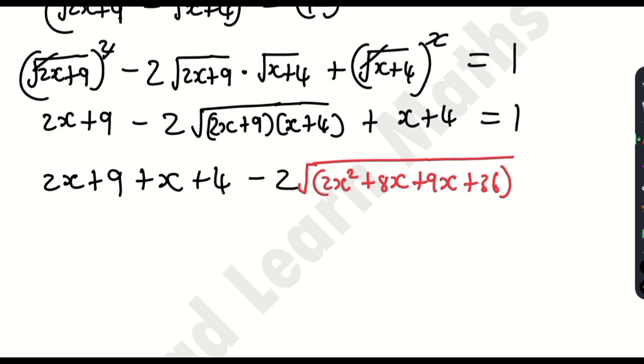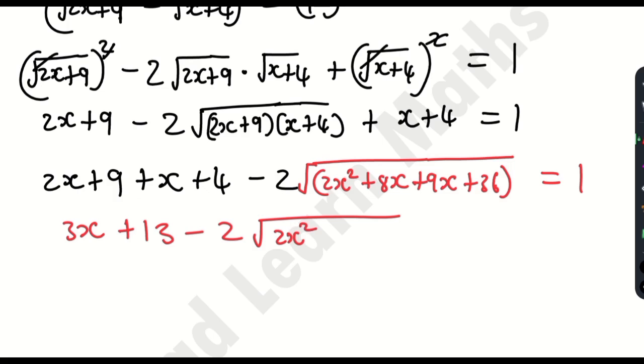Let's close the bracket, and then it is equal to 1. Okay, so 2x plus x is what? That's 3x, and then 9 plus 4 is 13, and then minus 2 with the square root of, let's simplify this, 2x squared in the bracket. 8x plus 9x is what? 17x. Okay, and then plus 36. All is equal to 1.